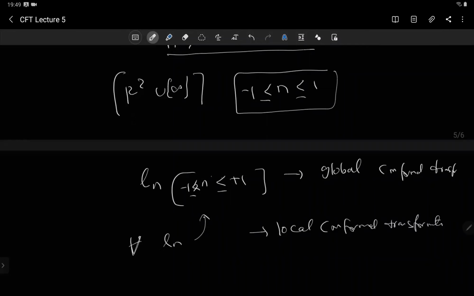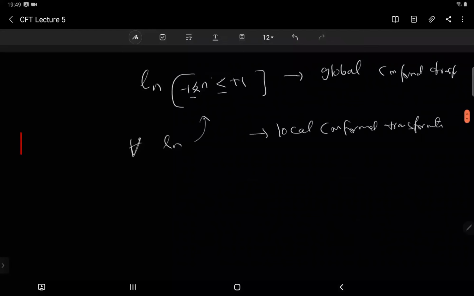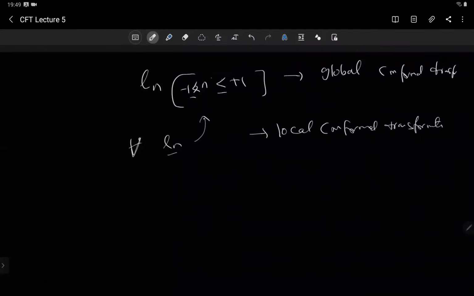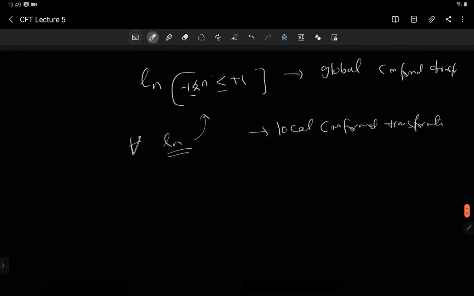And because these are not defined everywhere, you cannot exponentiate them. I'll come to that in a minute. I'll just tell you nevertheless that even though the algebra is infinite dimensional, only this subset forms a group.